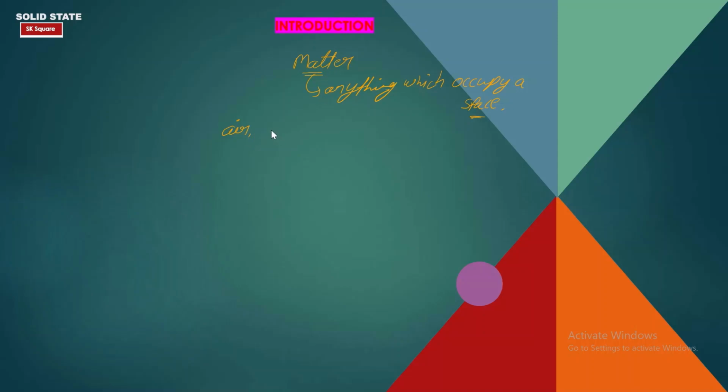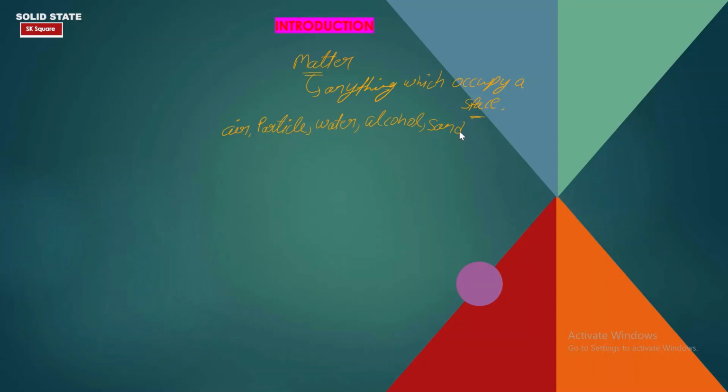Particles are also matter. Liquids, like water, are also matter. Alcohol is also matter. If we come to solids, then sand is matter.